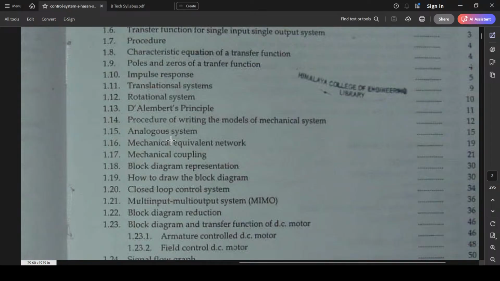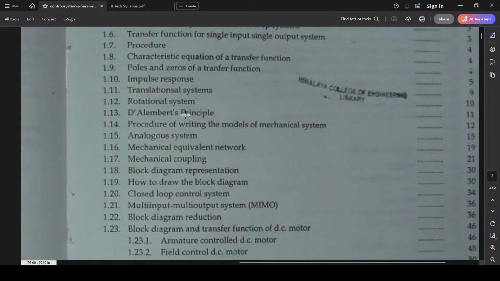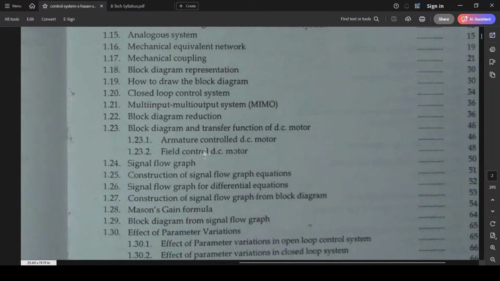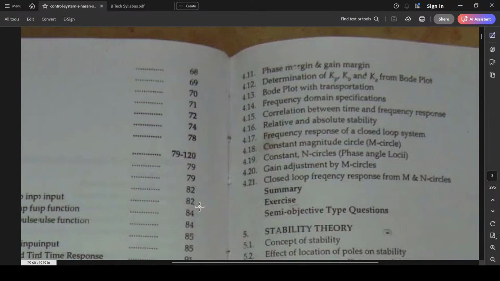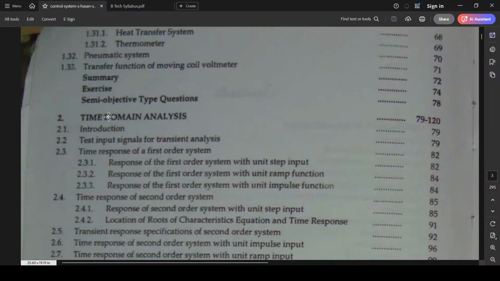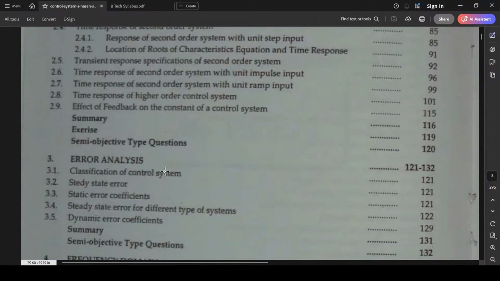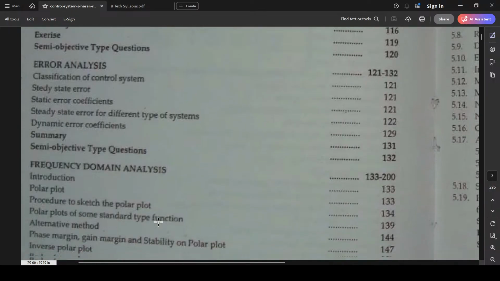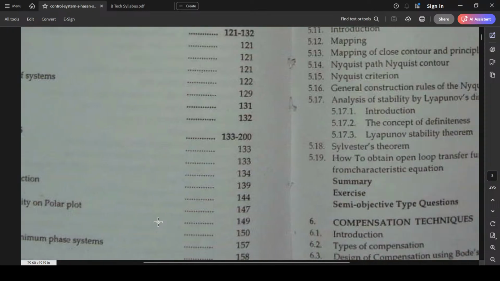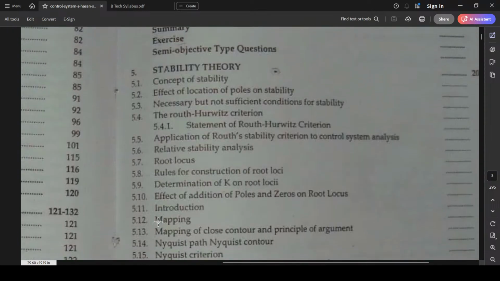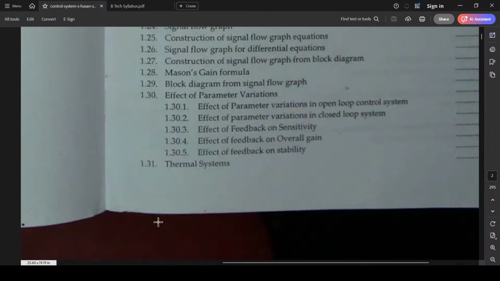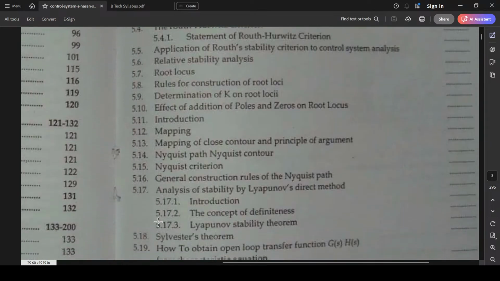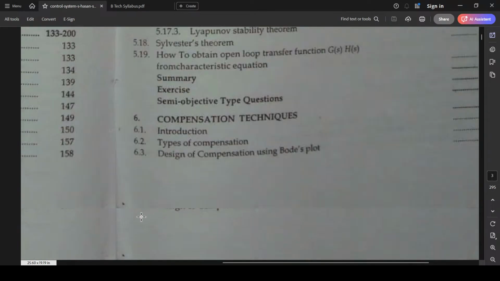MIMO, signal flow graph, Mason gain. But where is the response, steady state? Nyquist, no, okay.